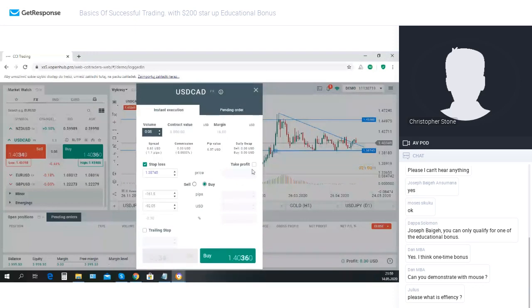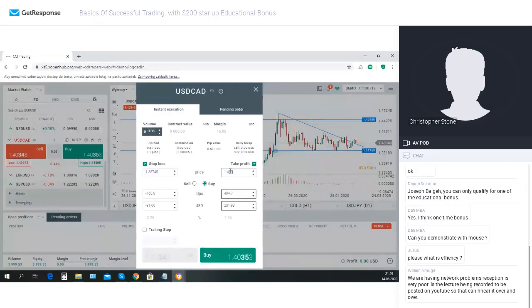Take profit 145.4538. So now we can check this out, and we are seeing that now our loss is $92 versus take profit 286.